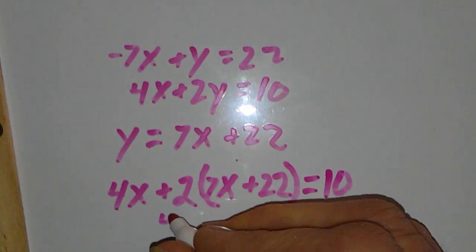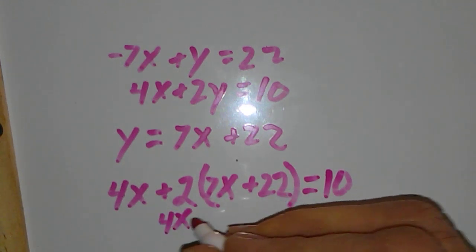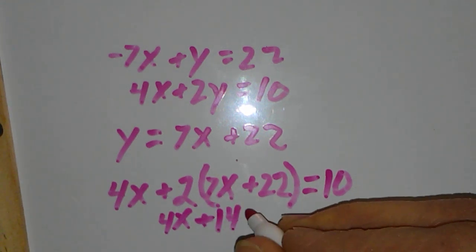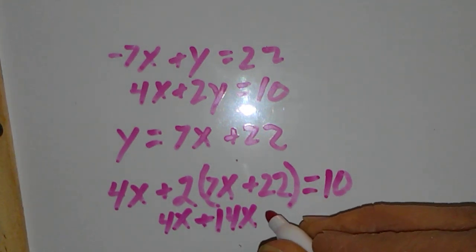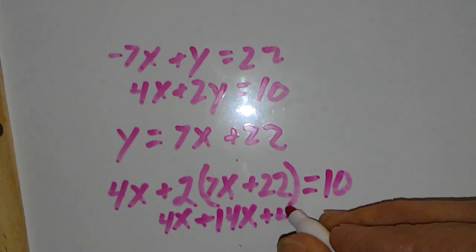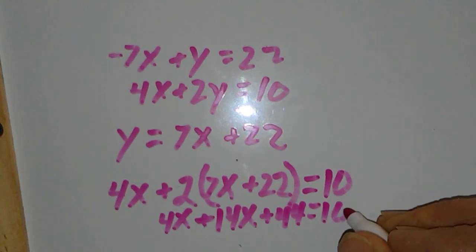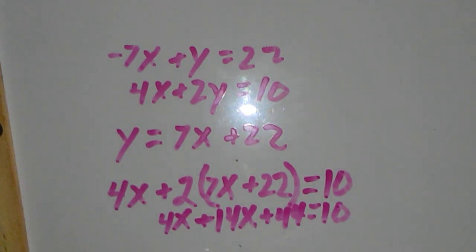This becomes 4x plus 14x. Remember, the 2 is also times the 22, plus 44 equals 10. Okay, I'm running out of room here.